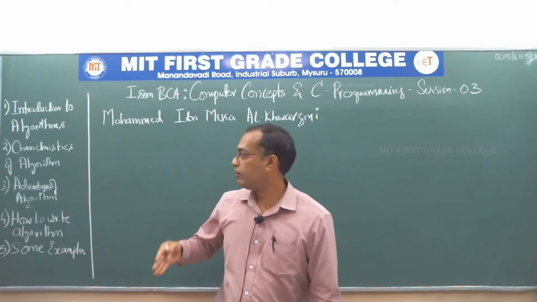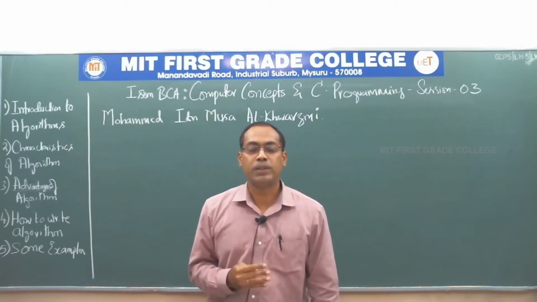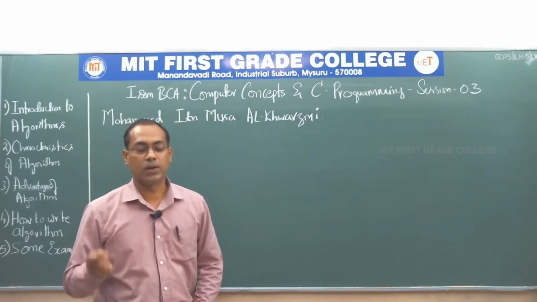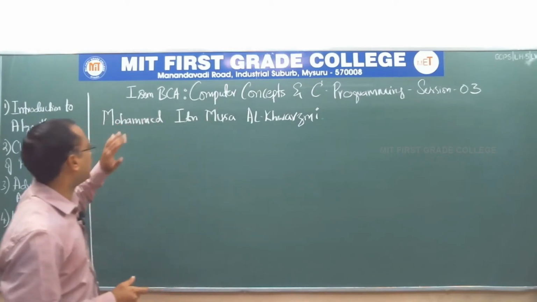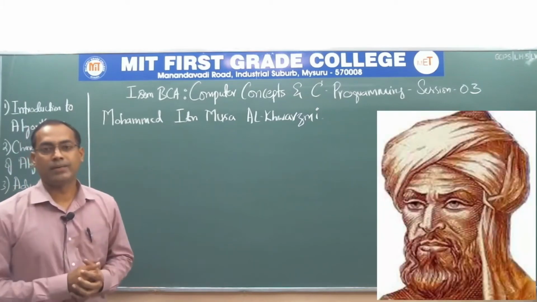Before we take up the actual concepts of algorithm, first we need to understand how this word algorithm came into existence, or how this word algorithm has been coined. Students, I have written a name of a person, Muhammad ibn Musa al-Khwarizmi.